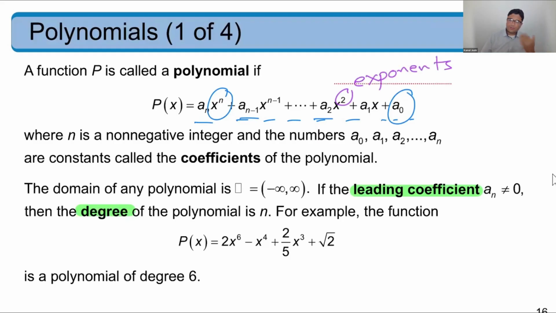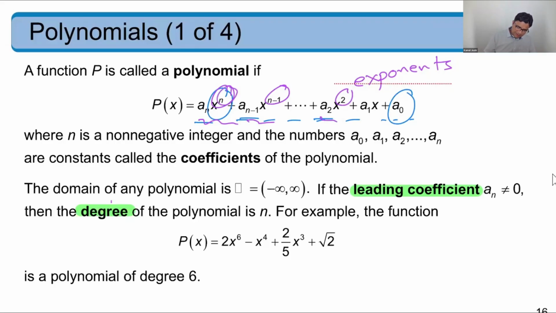Now, for a polynomial, the exponents are going to be positive integers, starting with that n and then n minus 1, and so on till 0, x to the 0, which is constant. So there is not much variation there in terms of possibilities, whereas the coefficients can be any real number. The exponents and the coefficients both play an important role.